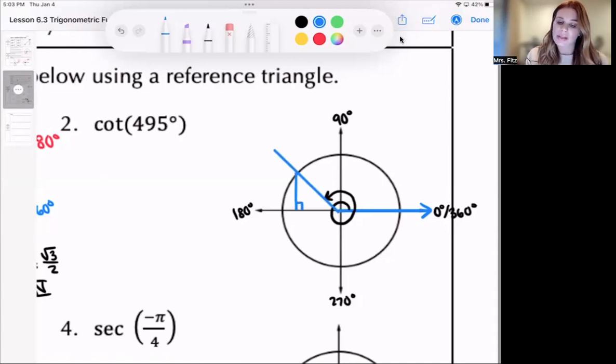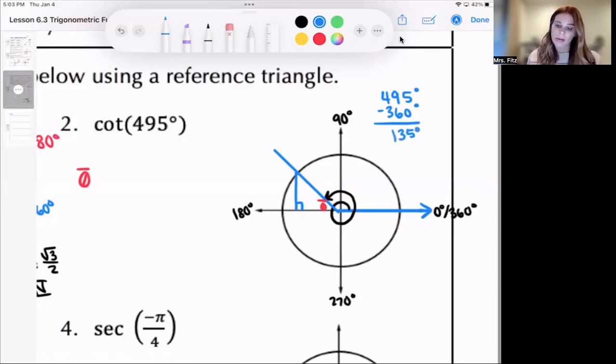Okay, so this one, we will put our reference angle right here. We need to figure out what our reference angle is. We will find cotangent in just a moment, but we're not quite there yet. So remember, we did a 360-degree rotation, and we had 135 degrees left.